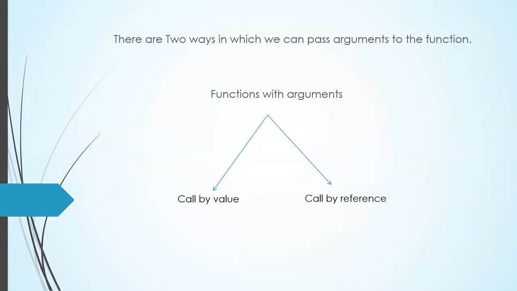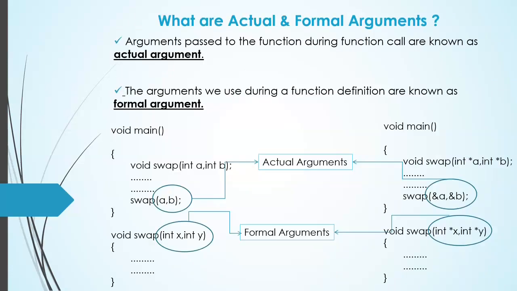Before moving to call by value and call by reference, first we'll see what are actual and formal arguments. Arguments passed to the function during function call are known as actual arguments. The arguments we use during a function definition are known as formal arguments.